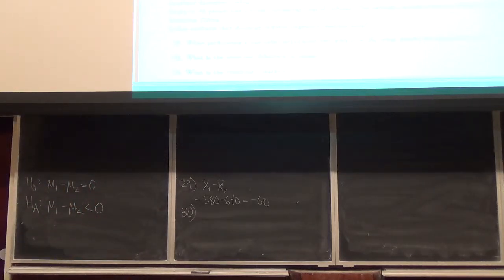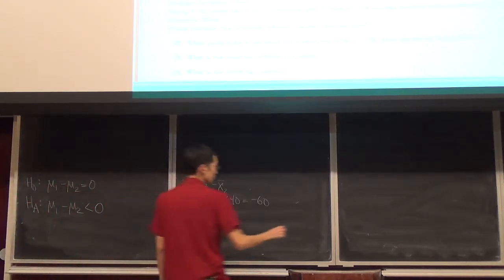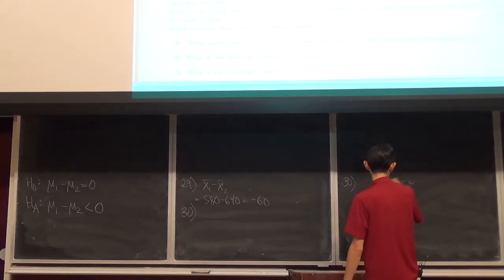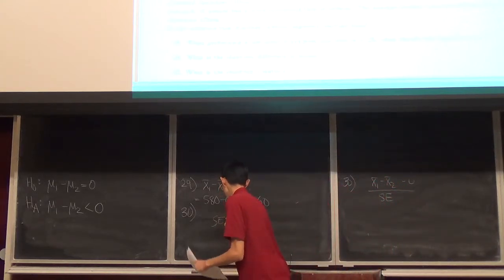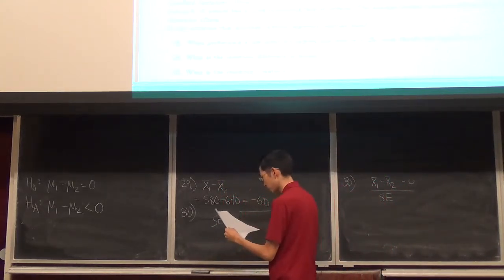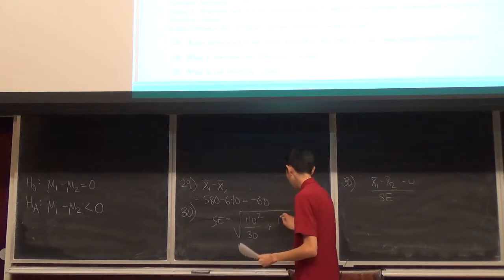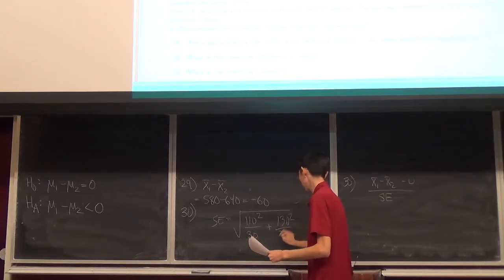Number 30 asks us for the test statistic. So number 30 is going to be x bar 1 minus x bar 2, technically minus 0, divided by the standard error. My standard error is going to be the square root of 110 squared over 30, plus 130 squared over 25.